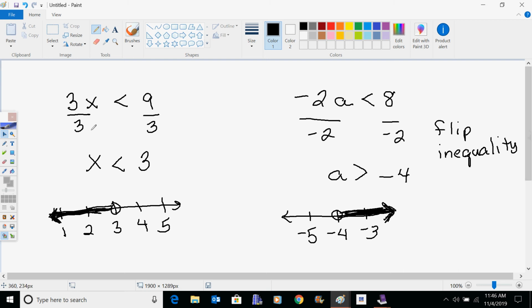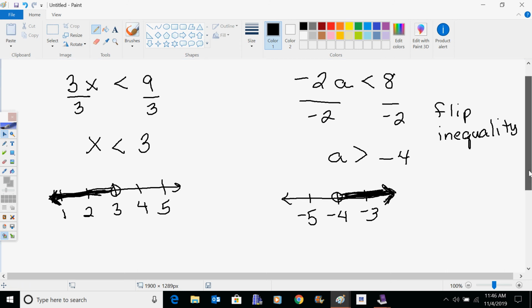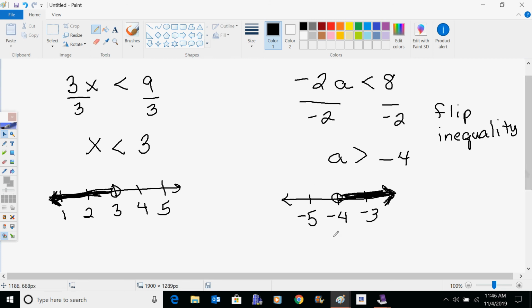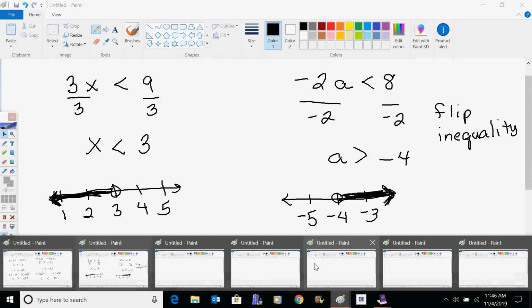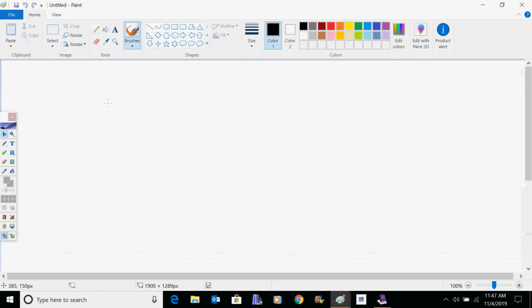If you multiply or divide by a positive, then it stays the same. If you multiply or divide by a negative, it flips it over. That's really the only change that we have from what we were doing when you add or subtract in order to solve an inequality.